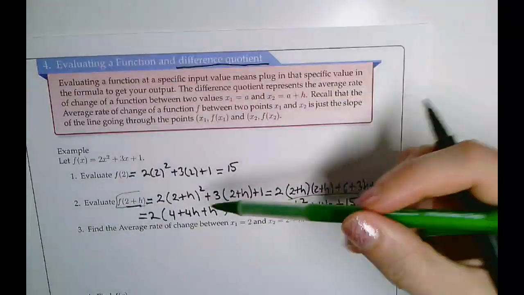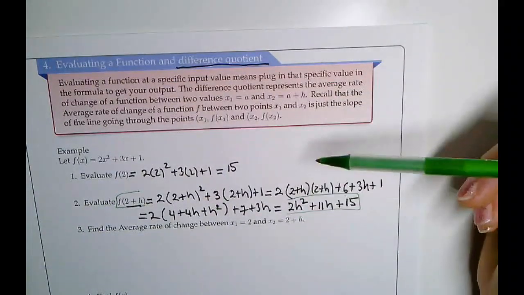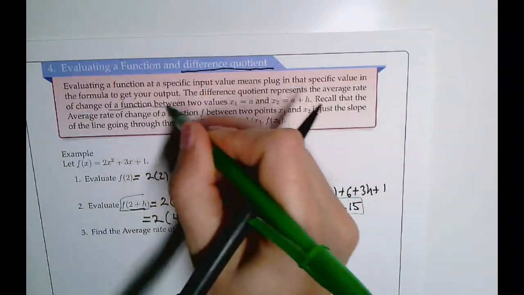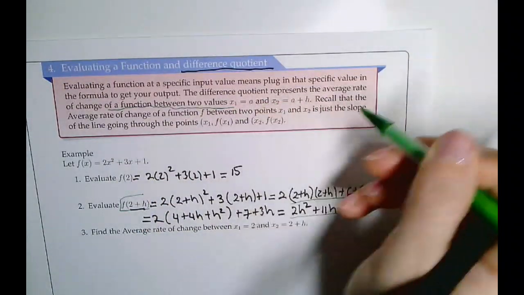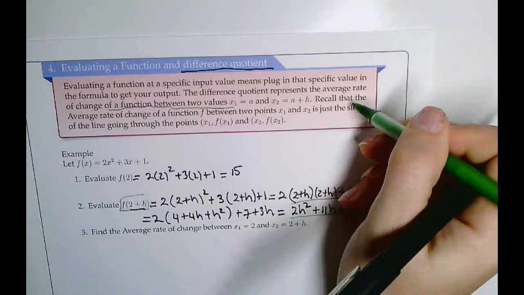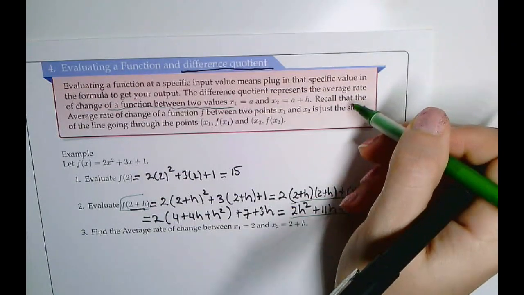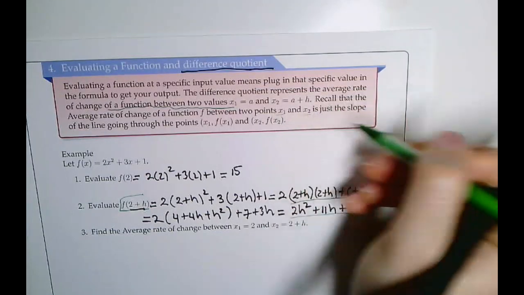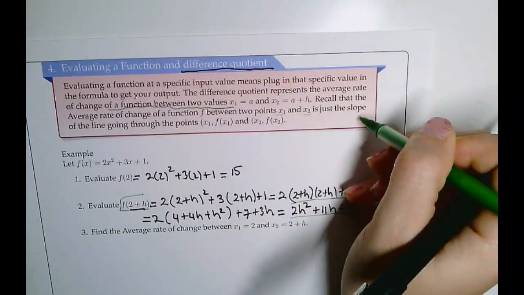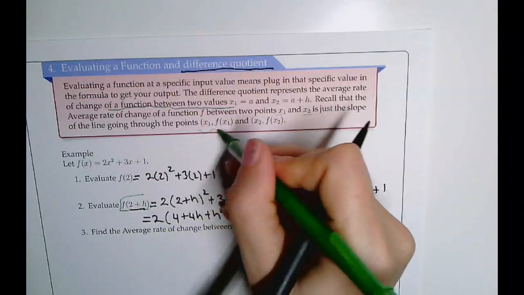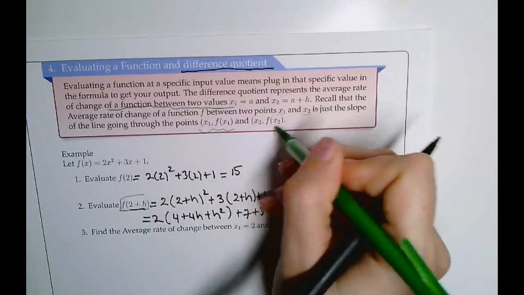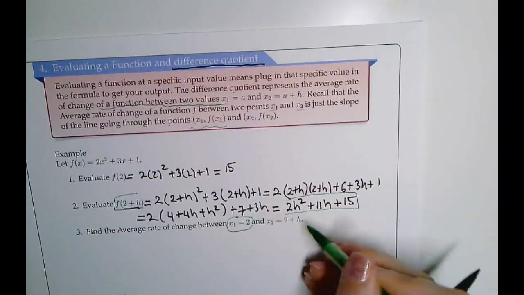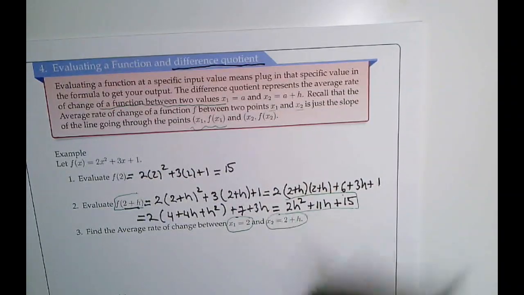Now, find the average rate of change between 2 points. So the average rate of change of a function between two x values is just going to be the slope of the line that goes through those 2 points. So if you have 2 points x1 and x2, the slope is going to be just the slope going through x1, f of x1 and x2, f of x2. So in our case, x1 is 2 and x2 is 2 plus h.